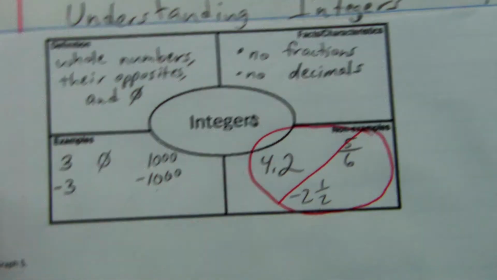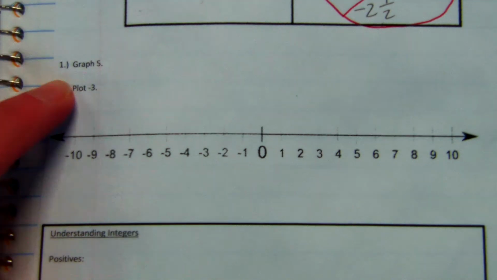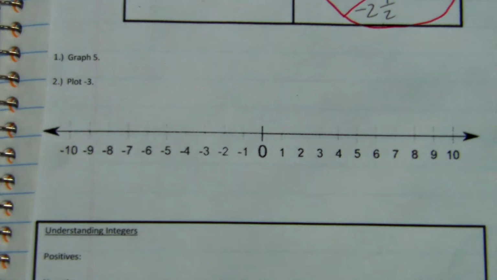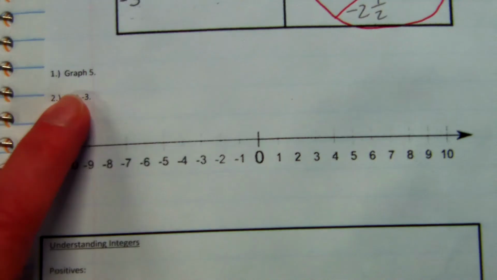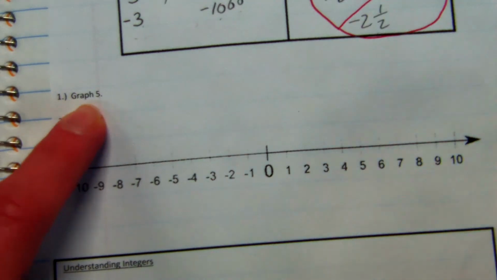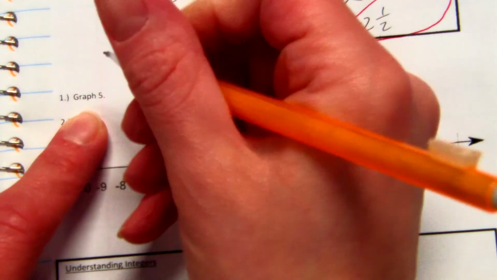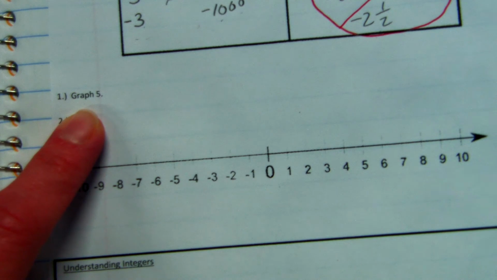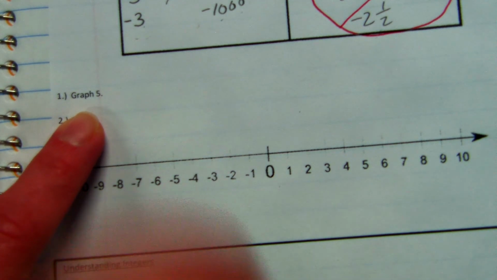Okay, so down here, we have a couple of examples. And it says on number 1, we're going to graph 5. I'm going to give you something I didn't think about when I was typing this up.